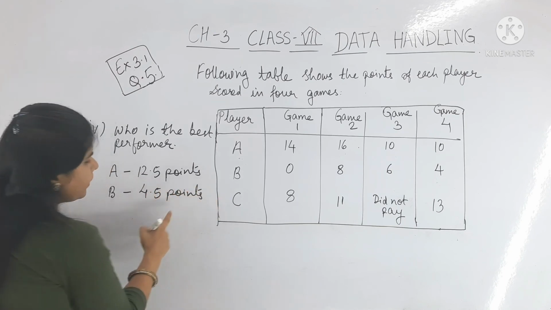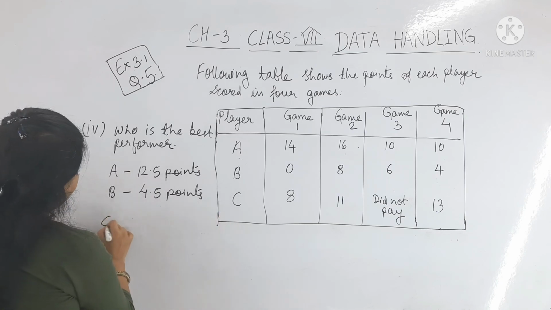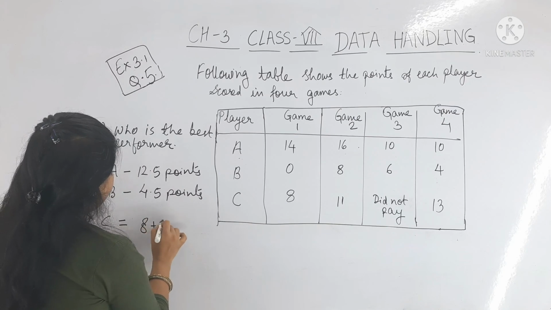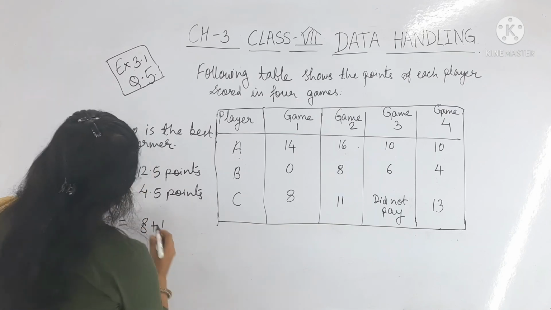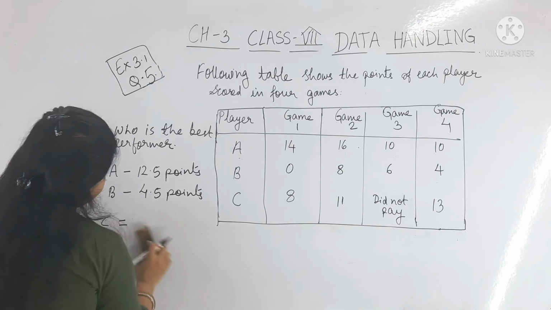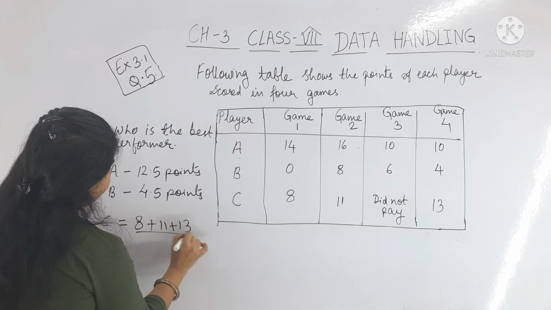It is in the third part we calculated, but we have not calculated for C. So for C we will calculate 8 plus 11 plus 13 divided by 3.